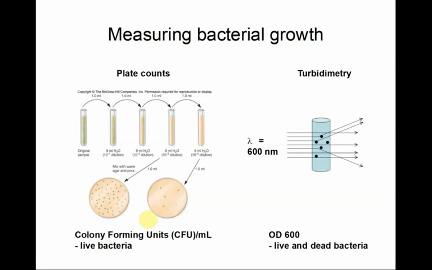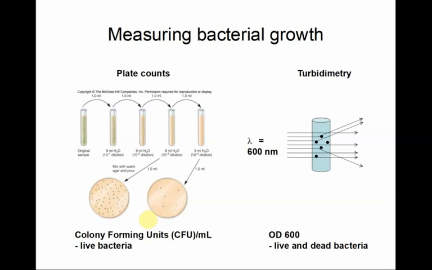Your OD600 measurement gives you an indication of the concentration of particles inside the suspension. With bacteria, the OD600 will be directly proportional to the number of bacteria per ml. However, live and dead bacteria will both scatter light.